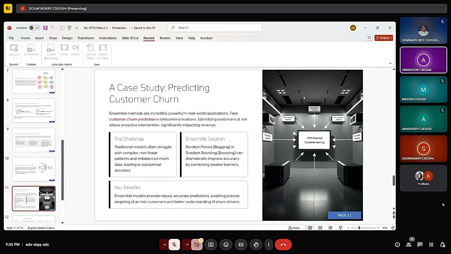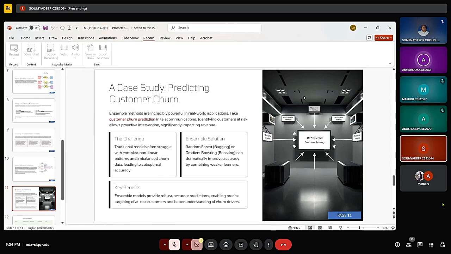A case study: predicting customer churn. Ensembles are incredibly powerful in real-world applications. Take customer churn prediction in telecommunications. This allows proactive intervention, significantly impacting revenue. Models often struggle with complex nonlinear patterns and imbalanced churn data.